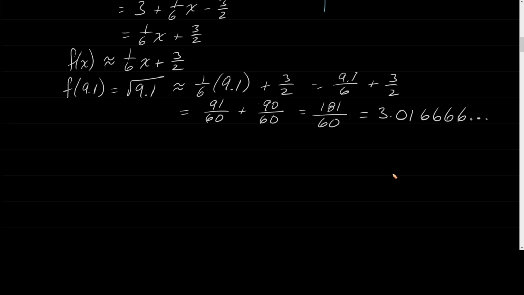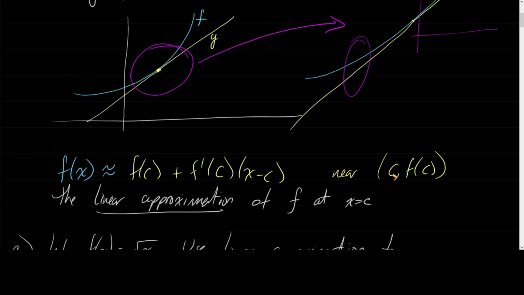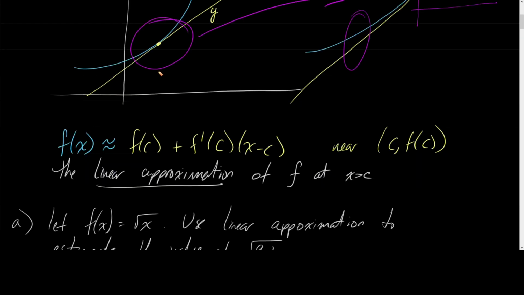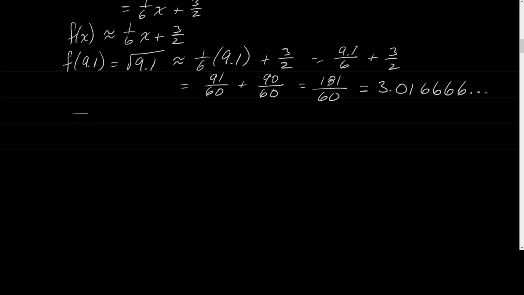But now, that 9.1 is very, very close to 9. Notice that when I spoke about this, I said it needed to be near our point of tangency. So our x values cannot go that far from this point of tangency. Now let's see how good our approximation is.